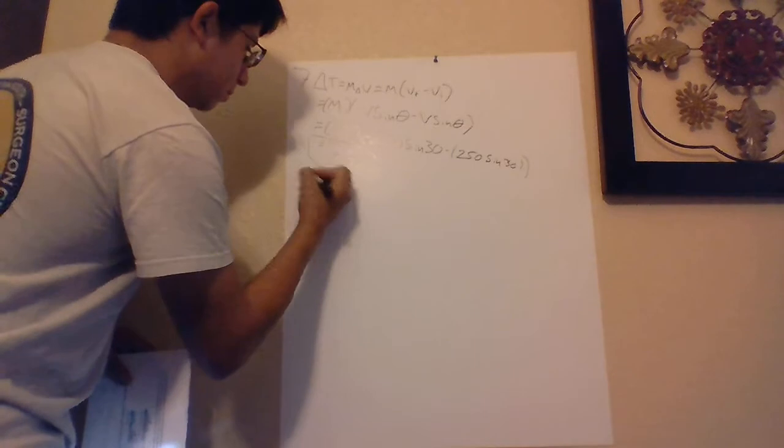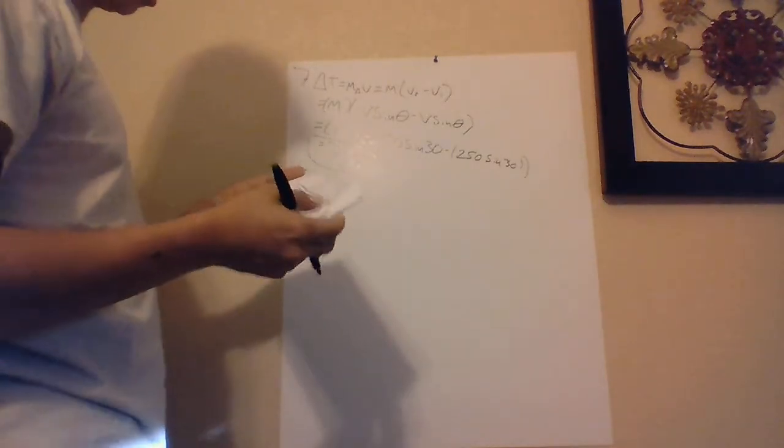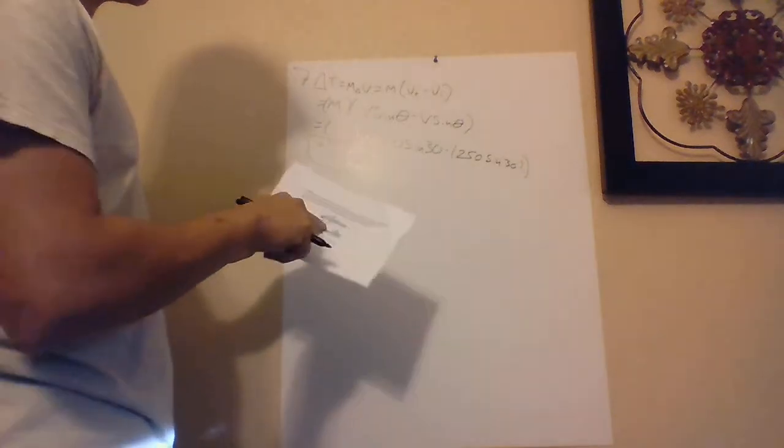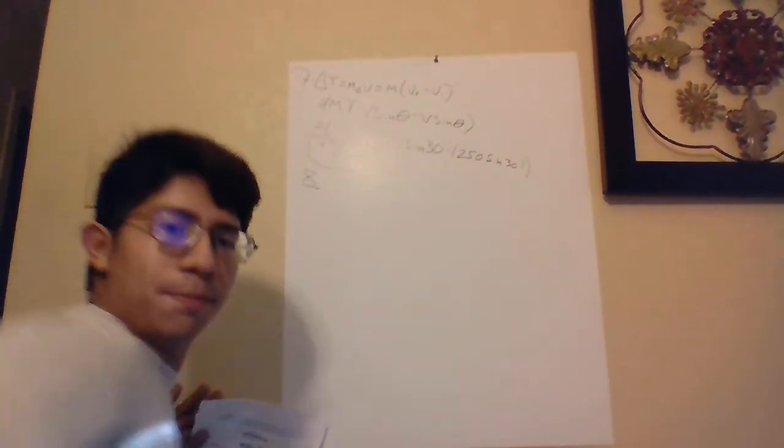Alright, so for number 8, it's the one where the pet lab mouse is on the track and jumps from one cart to the other. I negated friction to solve this problem.